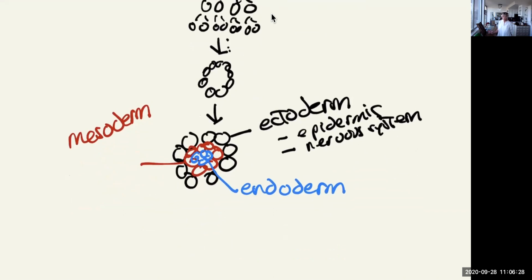Mesoderm, meso means middle, forms muscle. Let me spell that correctly. It forms muscle. It also forms bone, blood, and some of the other connective tissues.